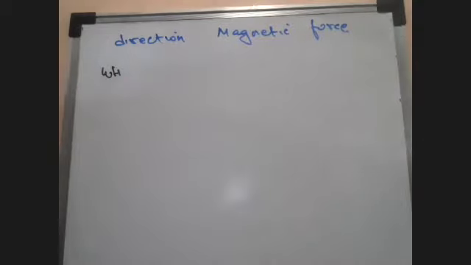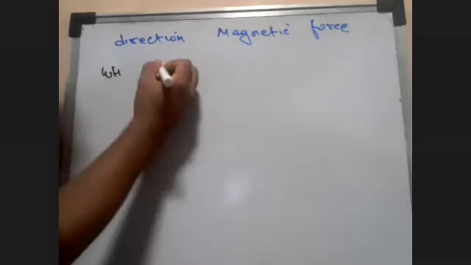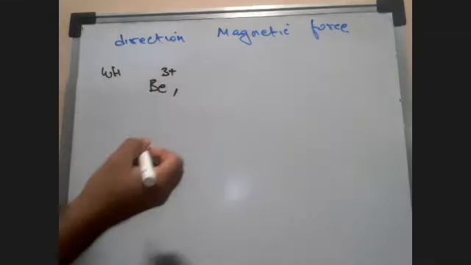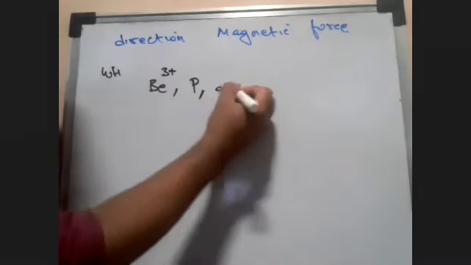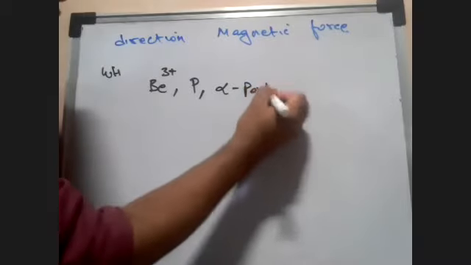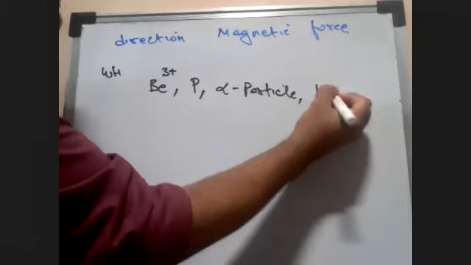I won't write the question here, you write it down. The elements which are given are beryllium, then comes proton, then comes alpha particle, and then comes lithium.